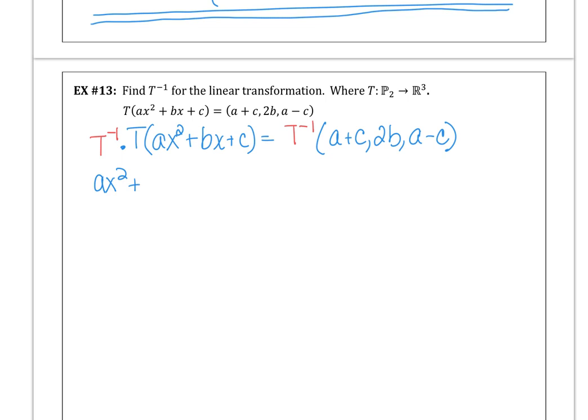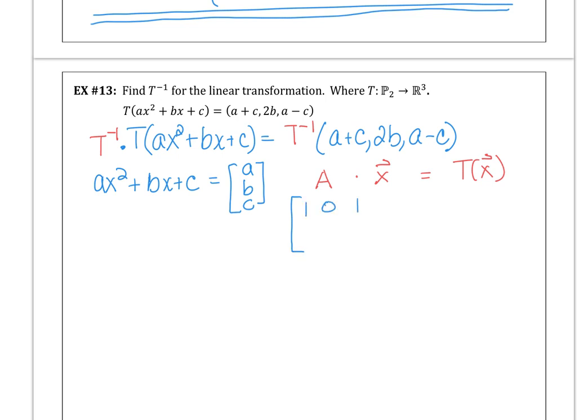Ax squared plus bx plus c has to be our a, b, c vector. And we have our a vector times x bar has to be the transformation. So a times x bar. The a would be 1, 0, 1.